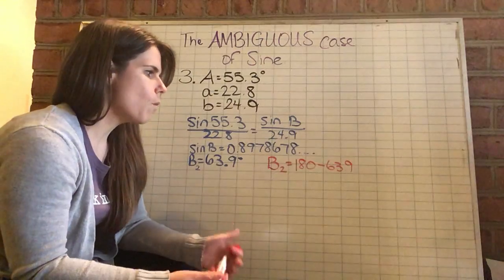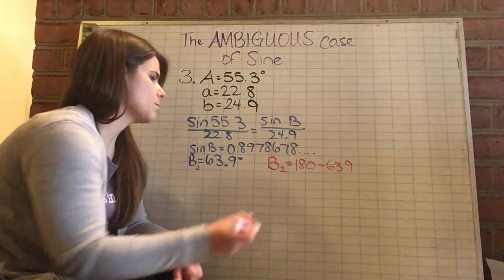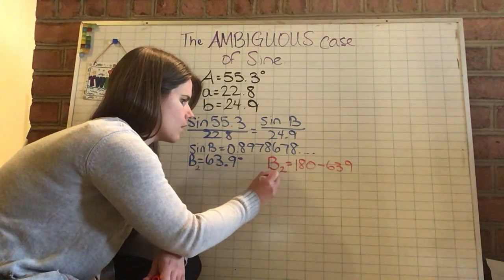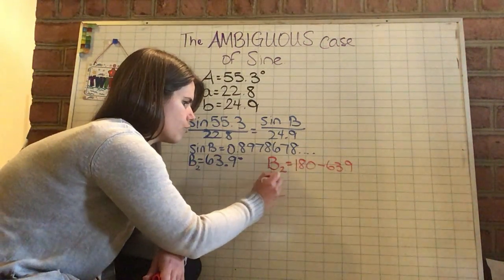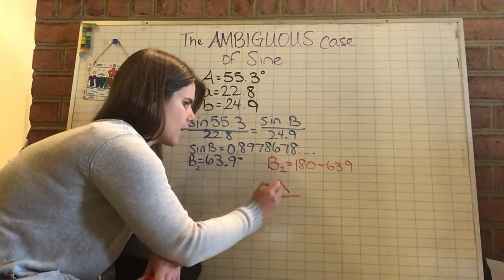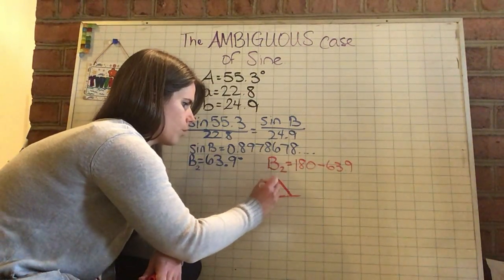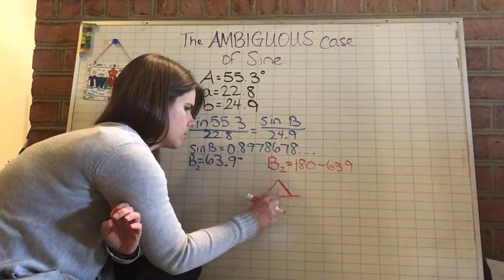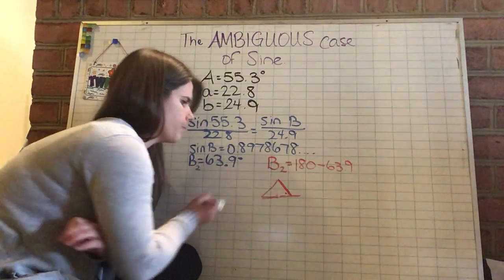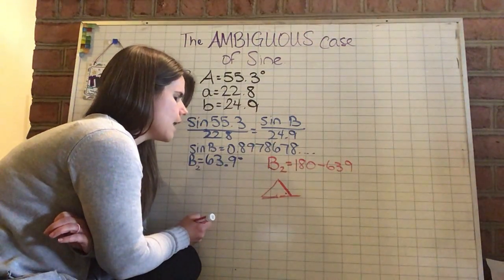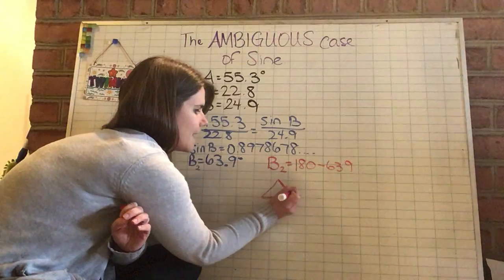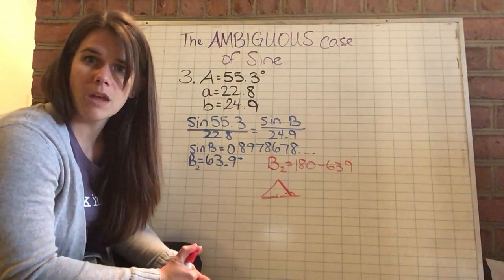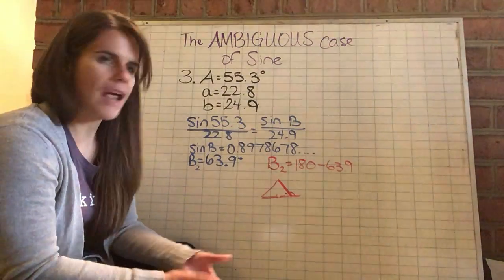Now, we do 180 minus 63.9 because of that drawing that I gave you. So we had this drawing and it could have been here or it could have been here. The first angle we find is going to be this one. If there is another angle, it's this one over here, and so those two angles form a linear pair, which means they add up to 180.